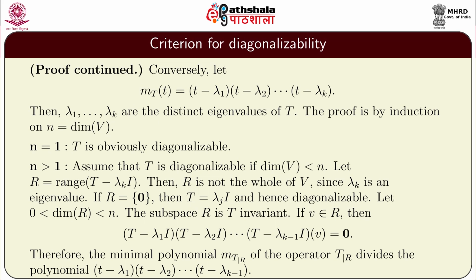Suppose that n is greater than 1 and assume that T is diagonalizable if the dimension of V is strictly less than n.